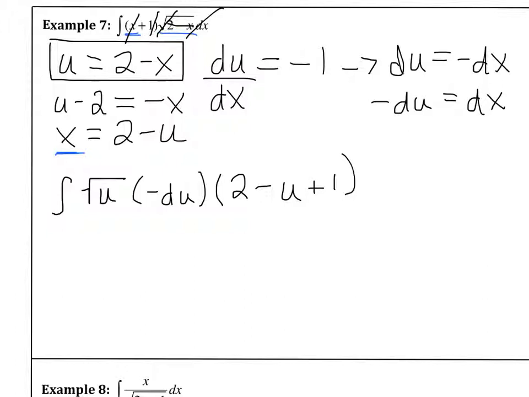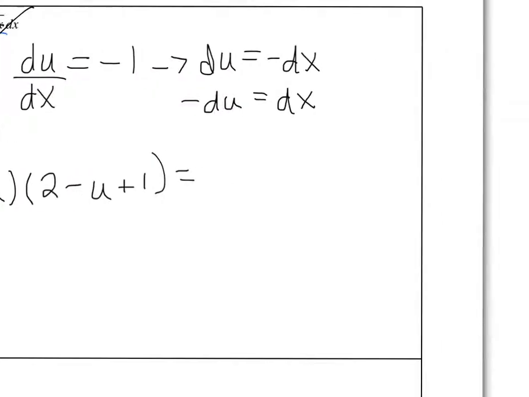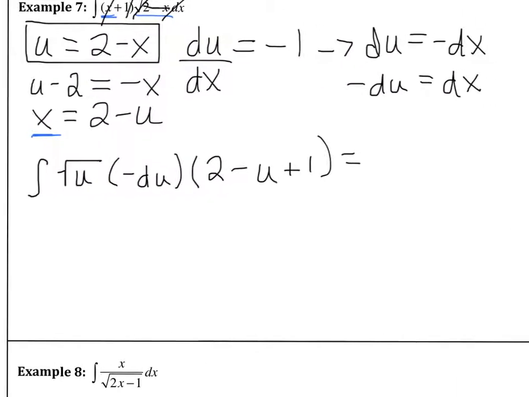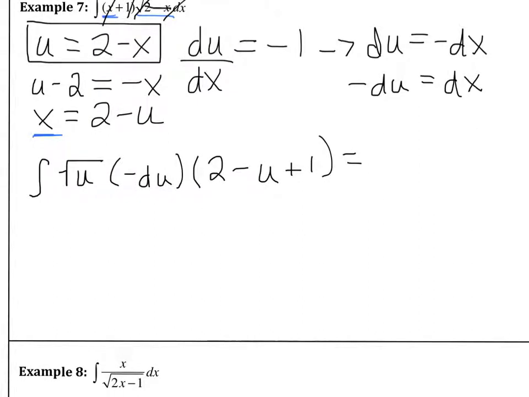Bam. Okay, now this is not pretty yet. We will clean it up. We will do much cleaning. All right, so let's move the negative out front. Get it out of the way. And now 2 minus u plus 1.